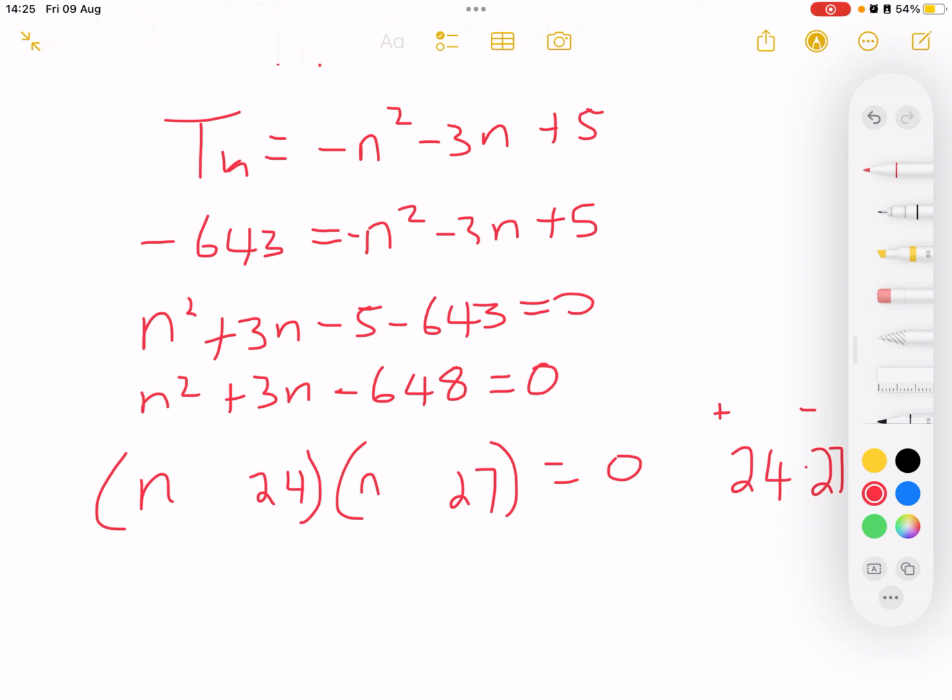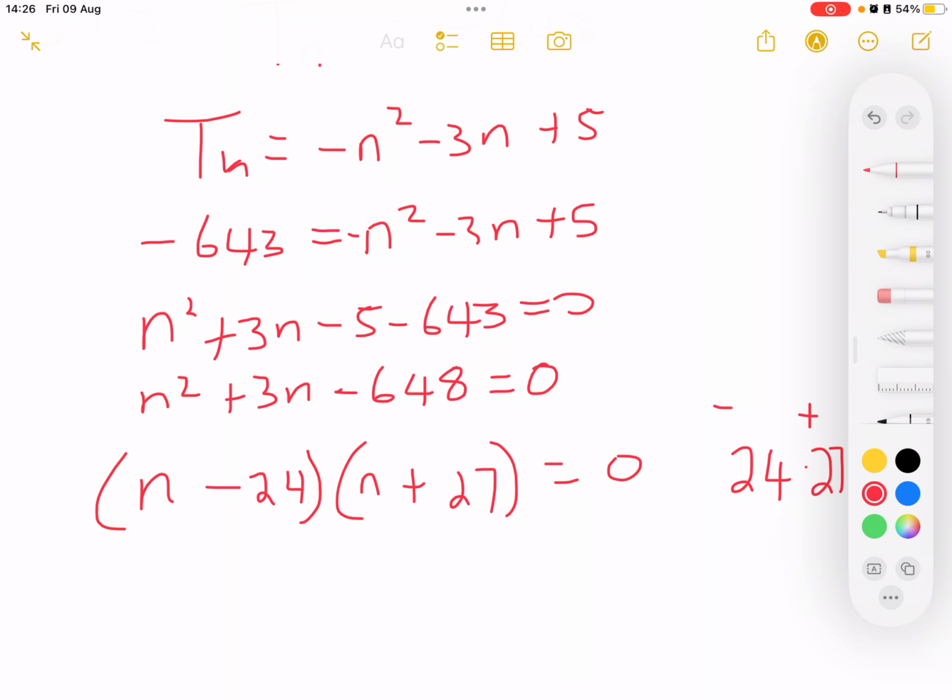Oh, I made a mistake here. If the smaller value is negative and the larger value is positive, so the smaller value must be negative and the larger value must be positive, so that you can say (n plus 27)(n minus 24).